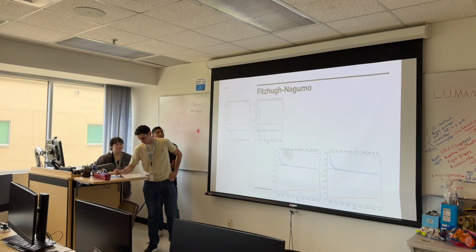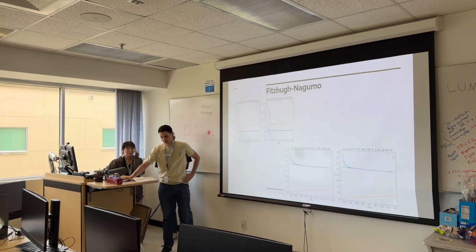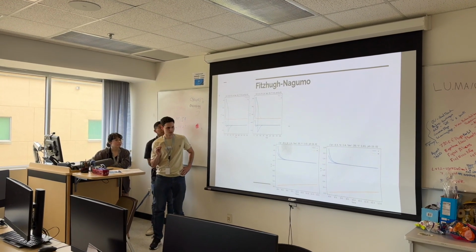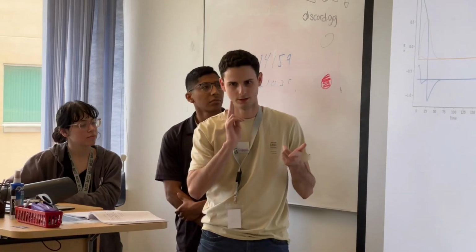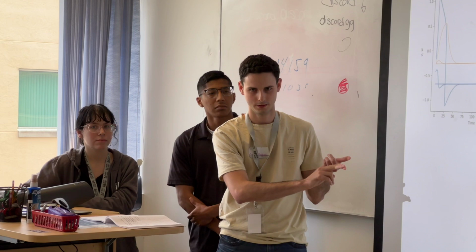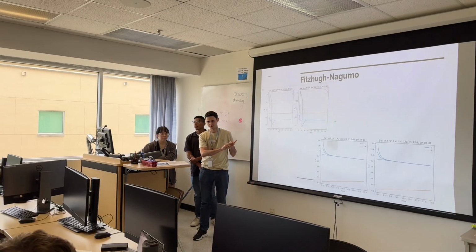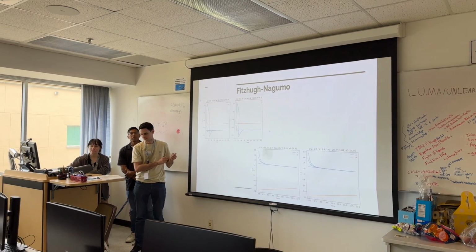After that, we tried using Fitzhugh-Nagumo for calculating the dose of insulin that a diabetic needs, basically expanding on that idea a little bit. Normally diabetics take into account the carbohydrates in the food that they eat. They divide that by their carb to insulin ratio, which gives them the dose that they need.